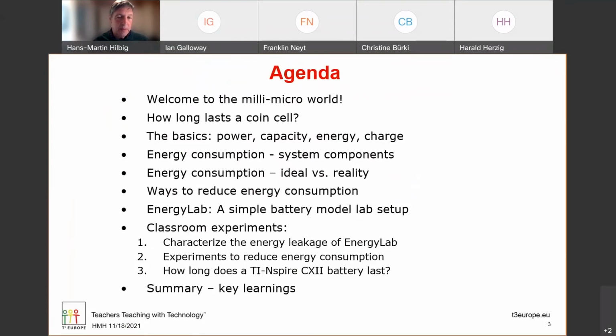So we will have a look at the coin cell. I think everybody knows a coin cell from bike computers or any other small powered devices that we use in our day-to-day life. Then we will cover a couple of basics when it comes to the physical measures. And then we will actually go on a safari.